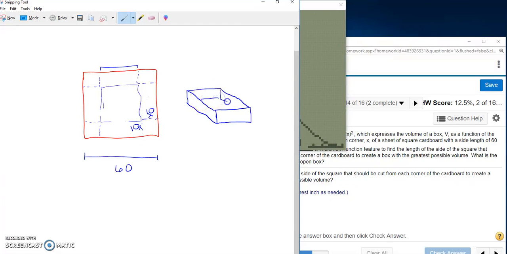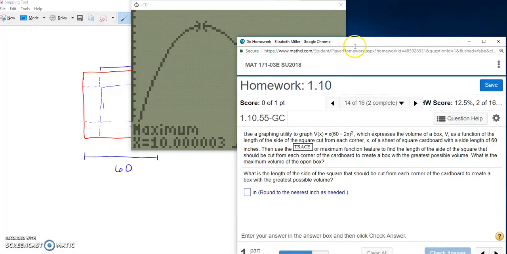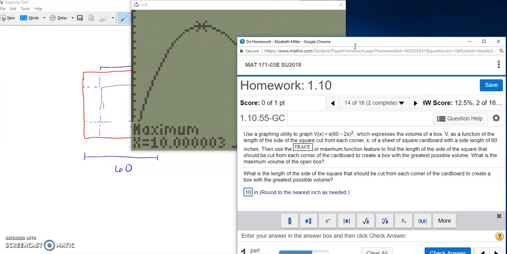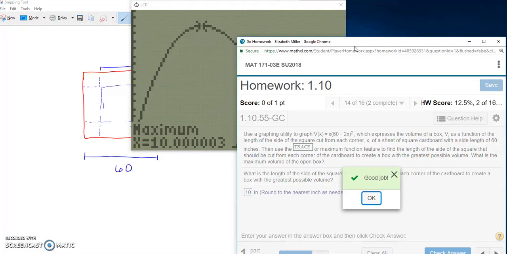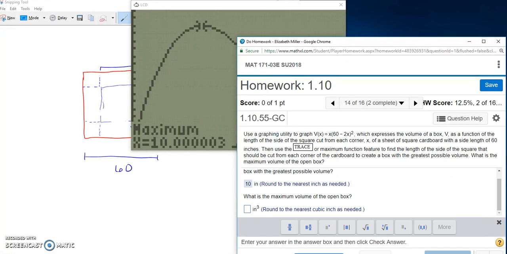Boxes are hard to draw. It's going to fold up to make a box with the maximum value, that's 16,000. So what is the length of the side of the square that should be cut from each corner? That's 10. The side of the square that should be cut is 10. The maximum volume that we get if we cut out the 10-inch corners is 16,000.